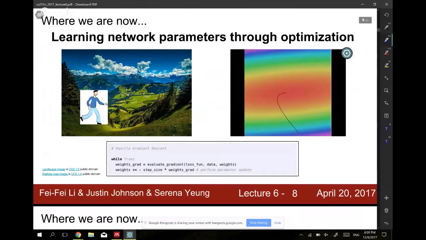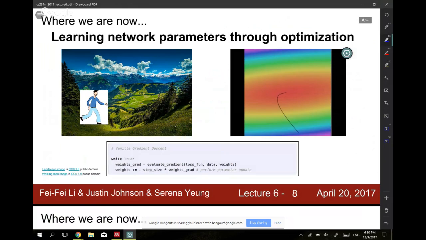So what we want to do now is learn the parameters of the neural network. These weights could be, let's say, the weights of the convolutional filters or fully connected networks. We briefly covered this earlier in the course, where we talked about some optimization and back propagation techniques. What we want is to find weights that produce a low loss.